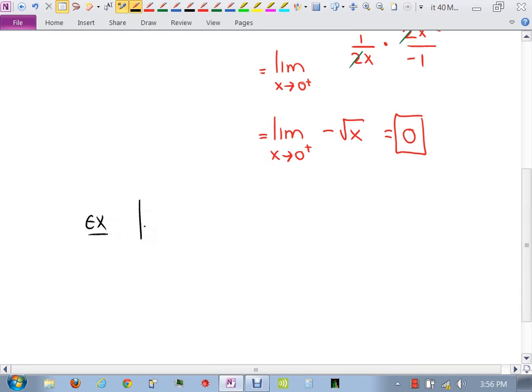What if you had limit x goes to infinity of x squared e to the negative x squared? Where does x squared go? Infinity? Where does e to the negative x squared go?